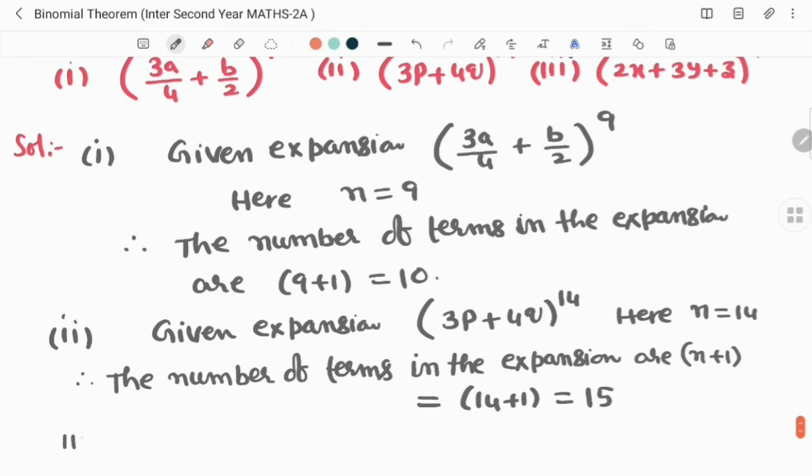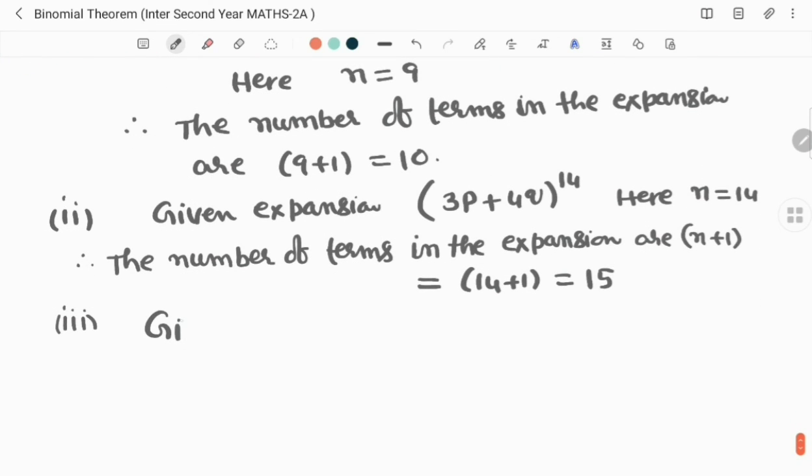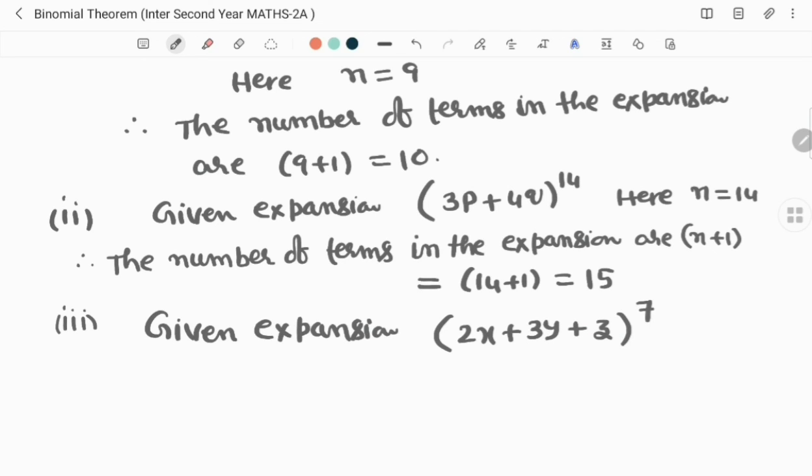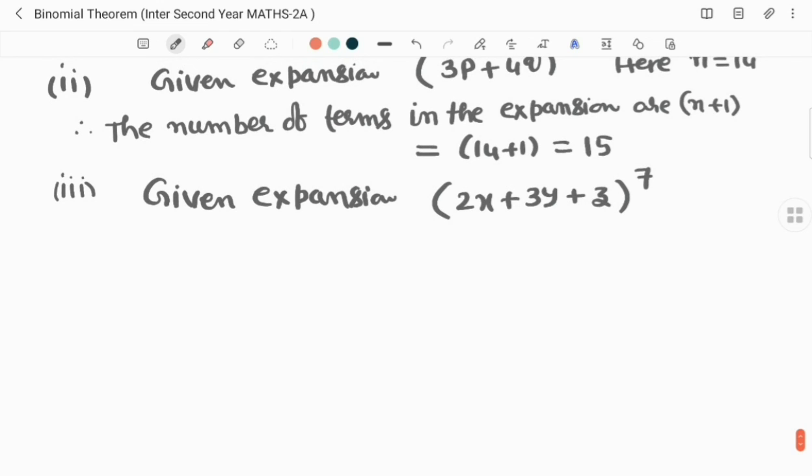The third question, this is very important, a formula based question. Given expansion (2x plus 3y plus z) whole power 7. This is not a binomial expansion, this is a trinomial. I have given a formula to calculate the number of terms in the trinomial. Here n is equal to 7.